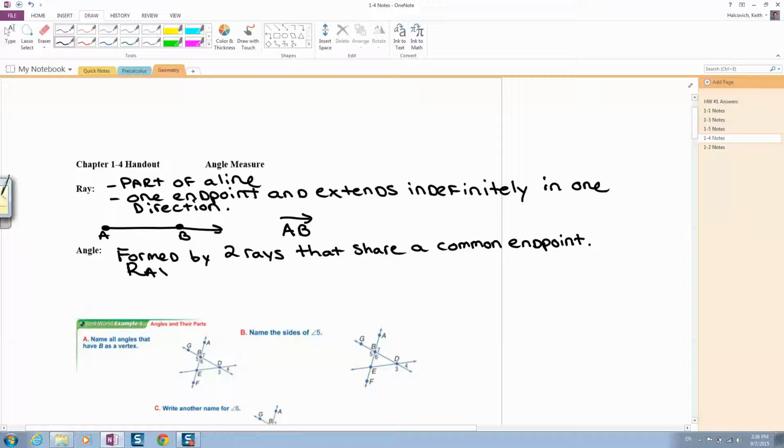Rays that make up the angle are called sides. The common endpoint is called the vertex.